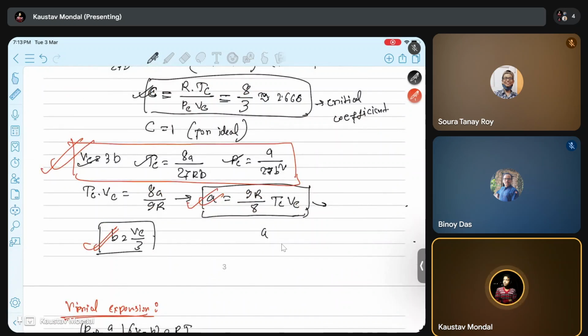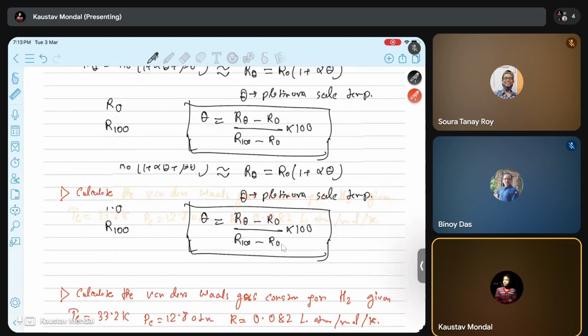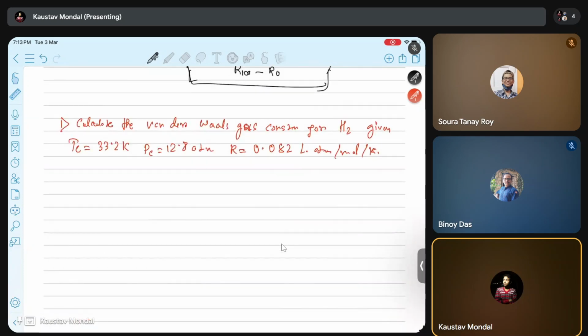So we will first write that. TC is basically given by 8A by 27RB. PC is given by A by 27B square.